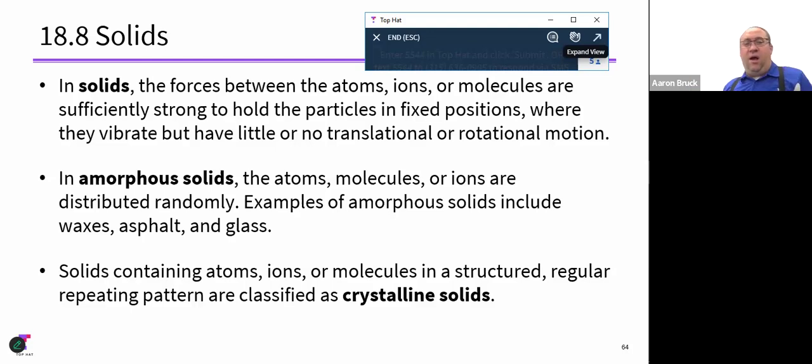There is another class of solids known as amorphous solids, where we have much more random distributions of the atoms and the molecules. This is where we get into things like waxes, tar, asphalt, or even glass.